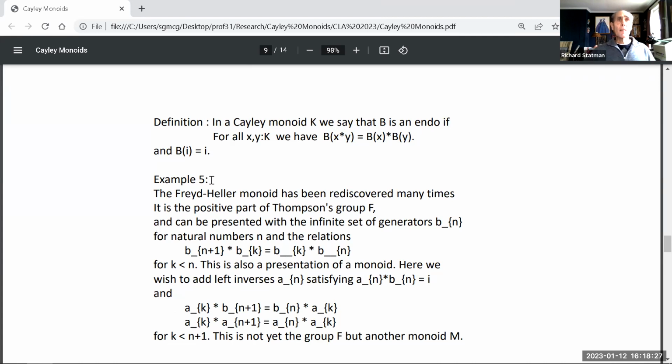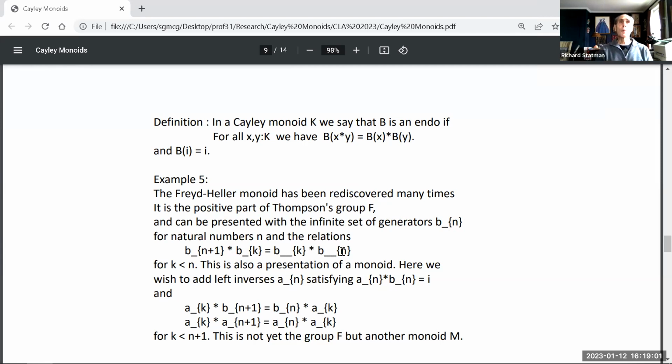Okay, example 5. The Freudenthal-Heller monoid. It's been rediscovered many times. It's the positive part of Thompson's group F. It can be presented, the easiest presentation is on the infinite set of generators B sub n, where for natural numbers n, the relations B_{n+1} times B_k, where k is less than n, is B_k times B_k times B_n.